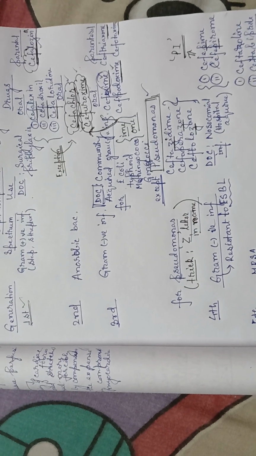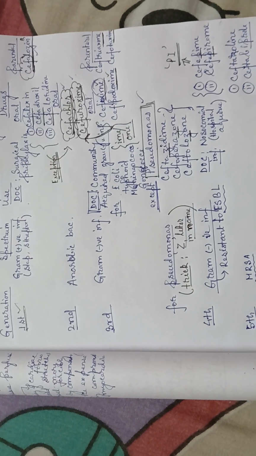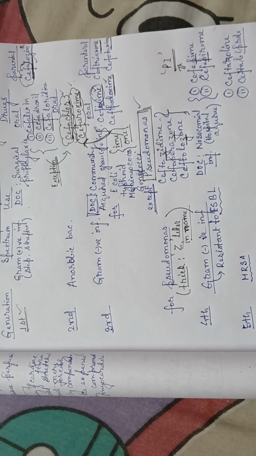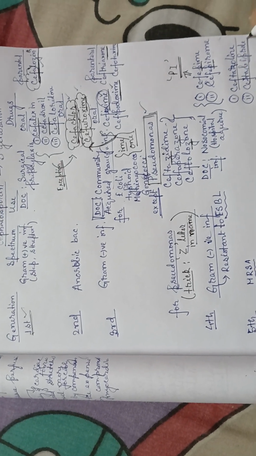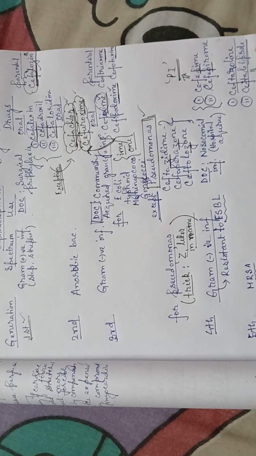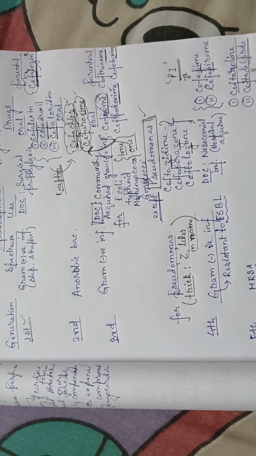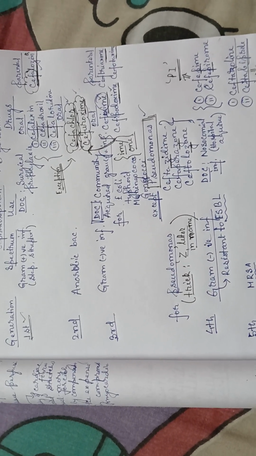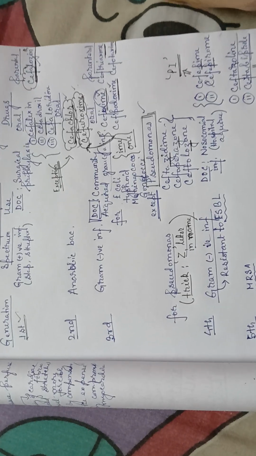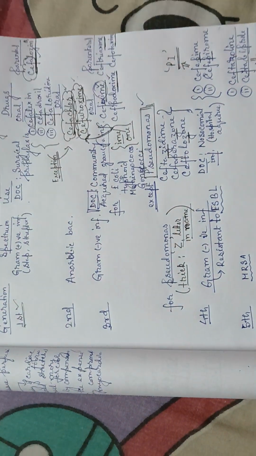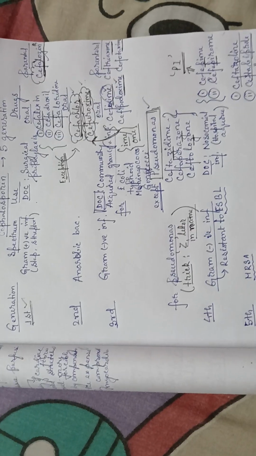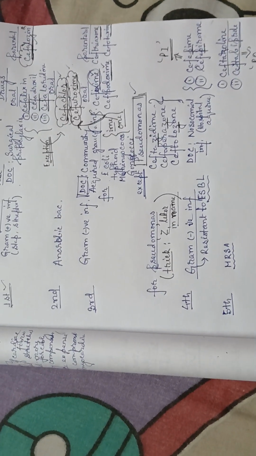And for the fifth generation of cephalosporin, we have to remember the two drugs ceftaroline and ceftobiprole. Here the trick is that in the name there is rho. So this is the classification of cephalosporin.